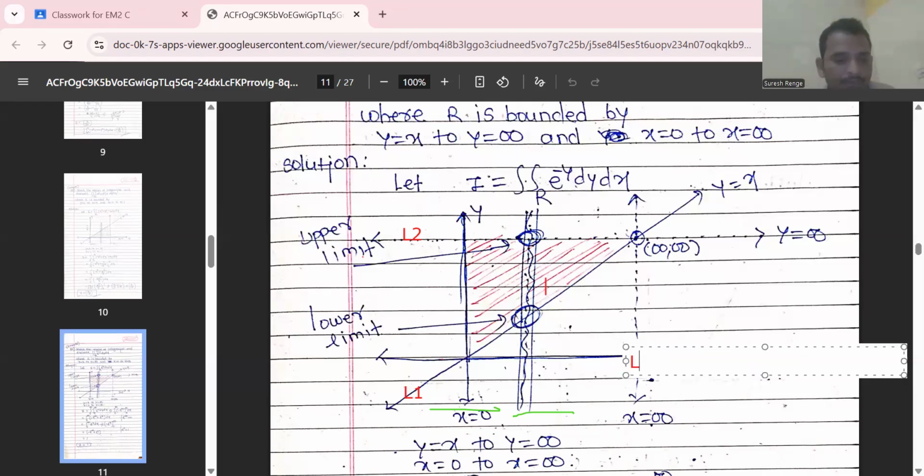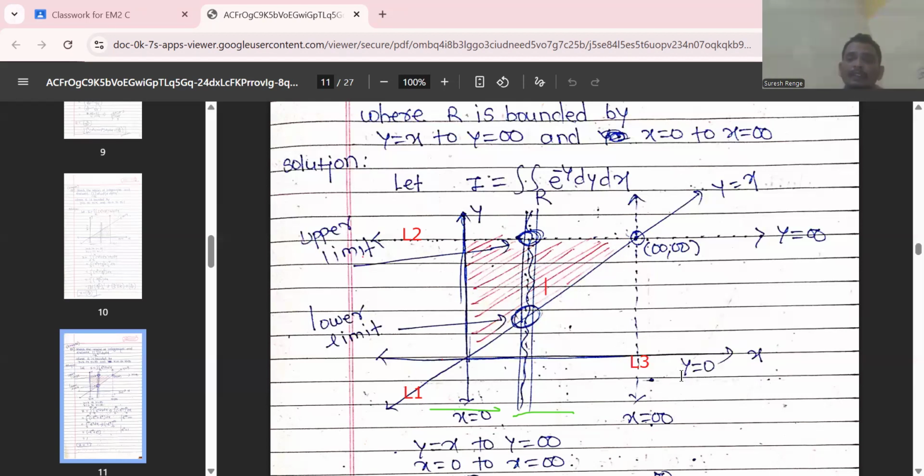This is L3. X is equal to 0 is nothing but equal to y-axis.